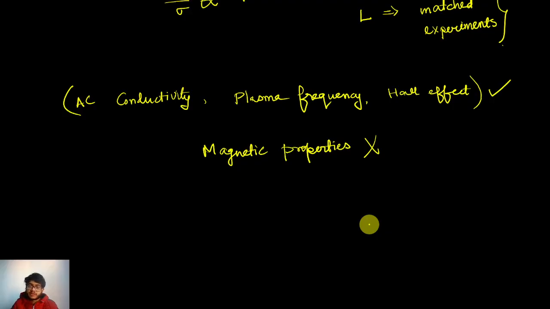So where it was a failure: magnetic properties and heat capacity. But in the case of AC conductivity, plasma frequency, and Hall effect, we see that the Drude model is very nice, as in it gives us a pretty nice qualitative or overall picture of what is going on.